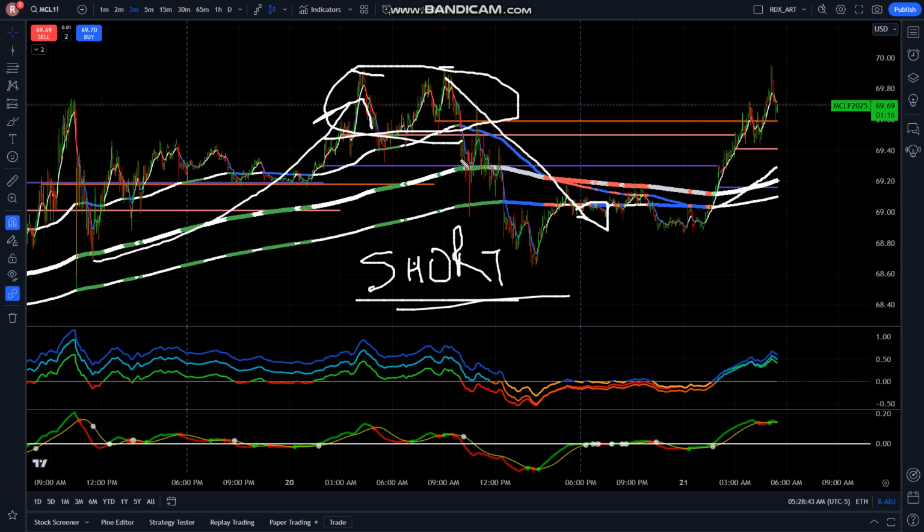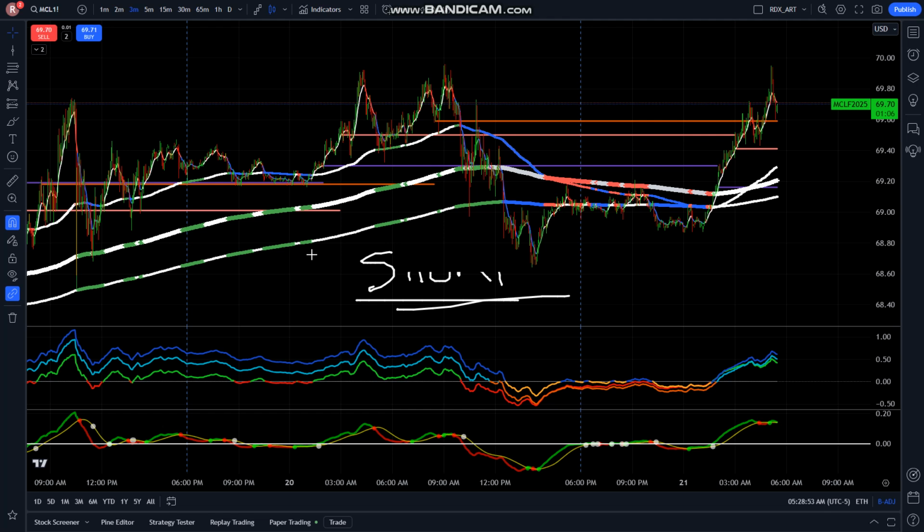Now, the other thing that I'm also doing is I'm using 3 or 4 moving averages to find a web that I don't want to be caught in. And in this case, the web is basically this portion right here, which I'm going to highlight. So I've got 3 moving averages here: 200, 600, and 1K.